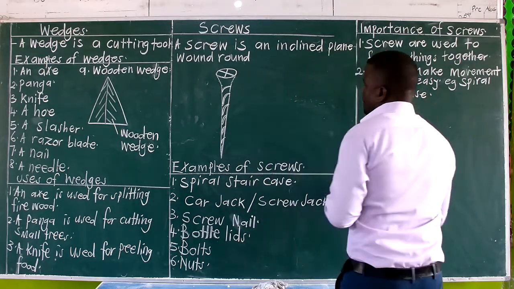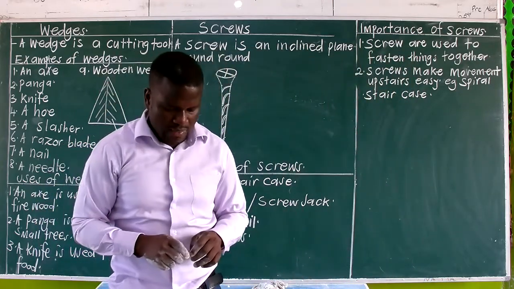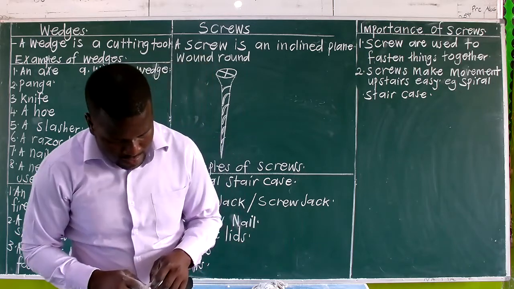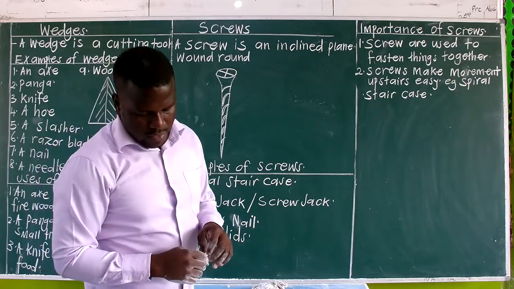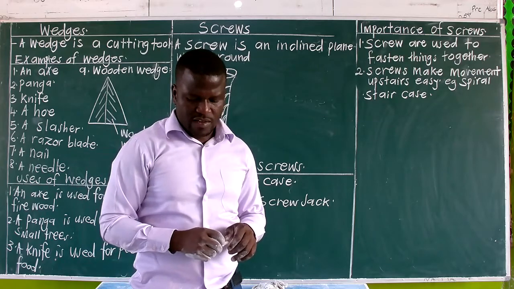We have some staircases which are spiral in nature, like the one in your book. Then screws lift heavy things, e.g. a screw jack.